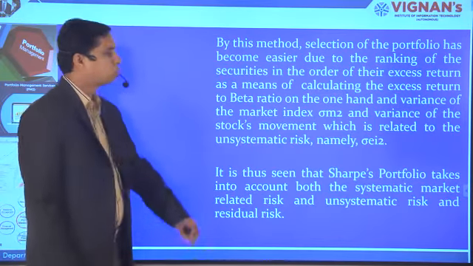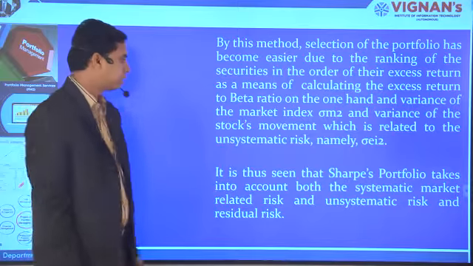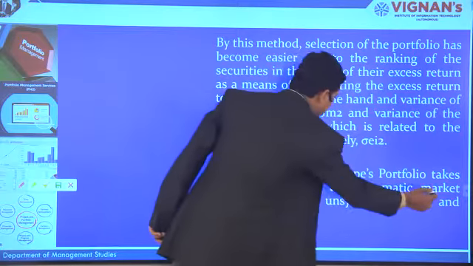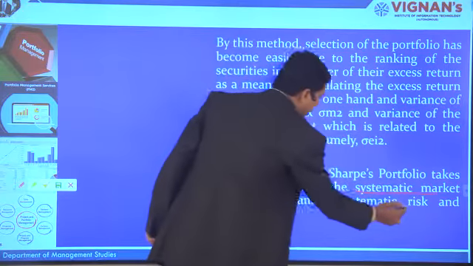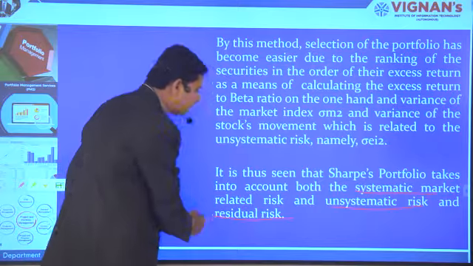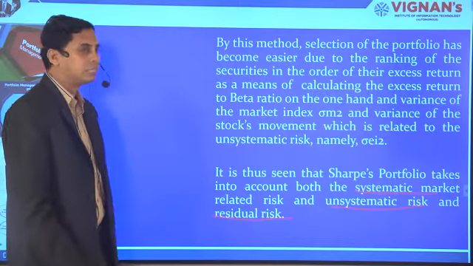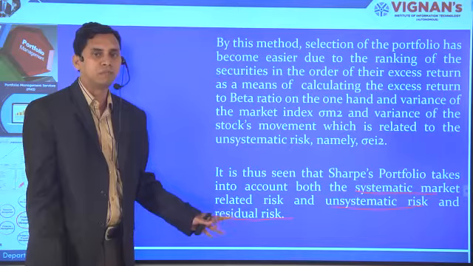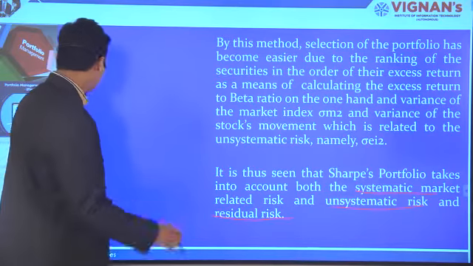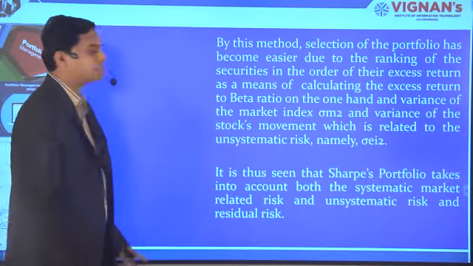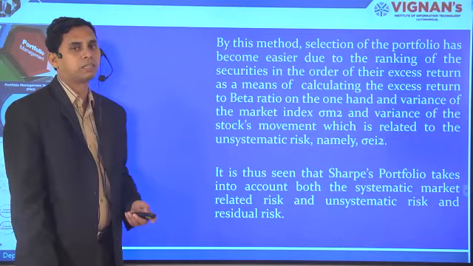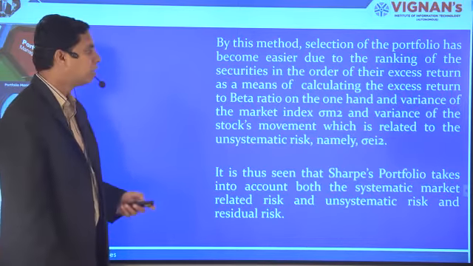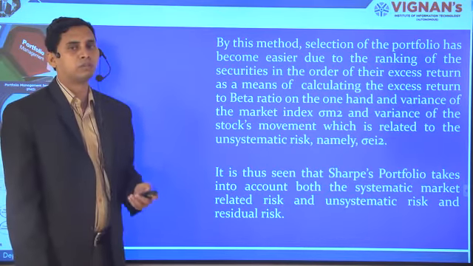We are supposed to consider all the types of risks: related to the market, that is systematic risk; related to the firm specific risk, that is unsystematic risk; and any other risk that is inherently there in that particular stock, which is considered in the form of residual risk. By considering all these different types of risks, we calculate the return of a particular security and rank all the different portfolios.